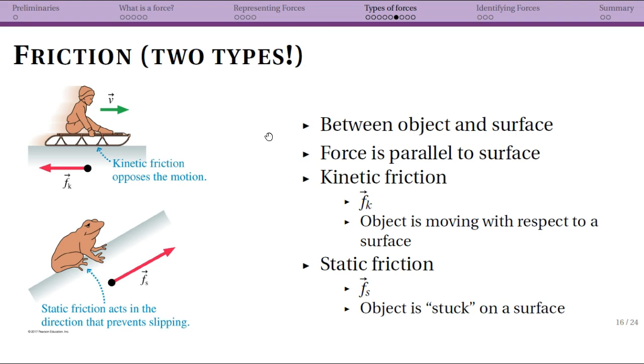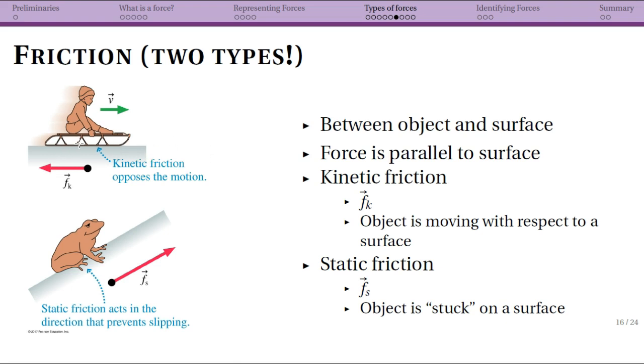So let me say in general what's true about friction. Friction is always between an object and some sort of surface, and there's some motion between them, or there could be motion between them. In this case, there is a sled, which is our object, sliding on snow or ice, whatever the surface is.